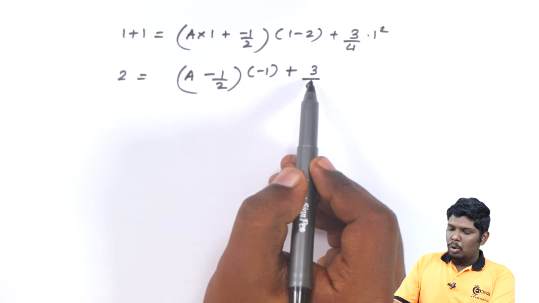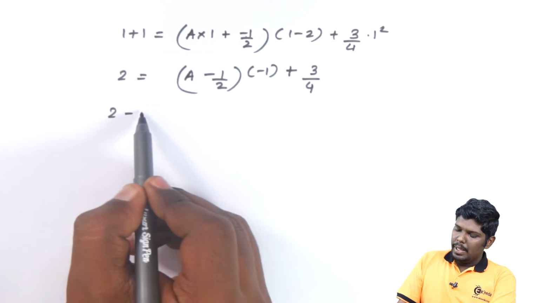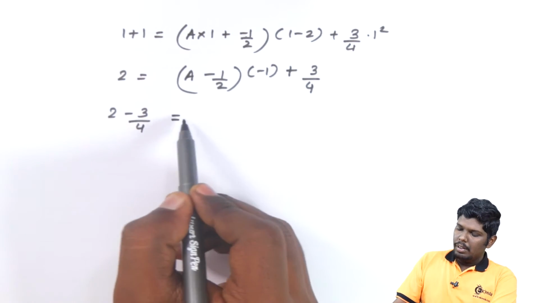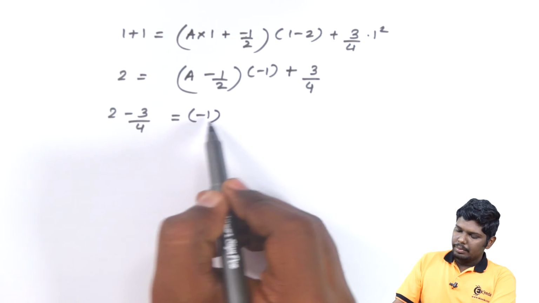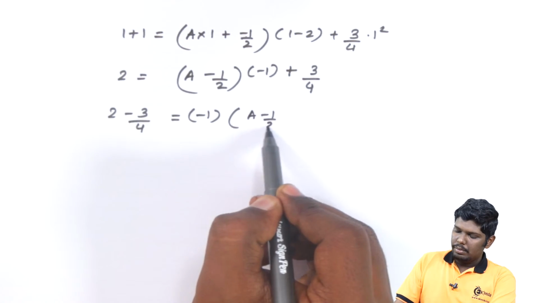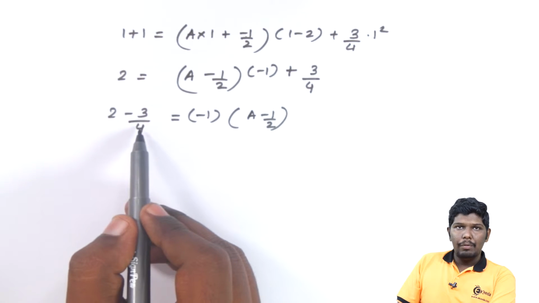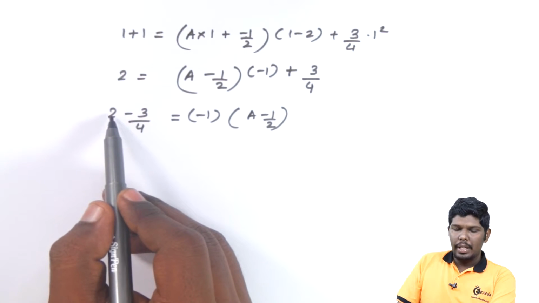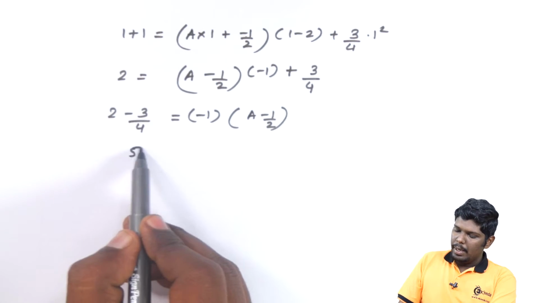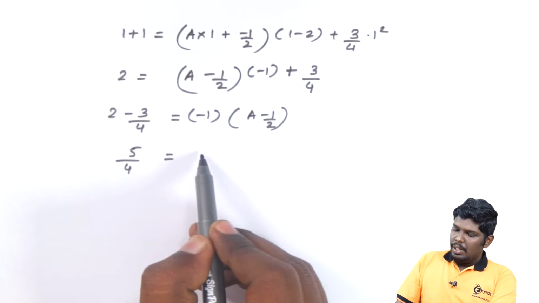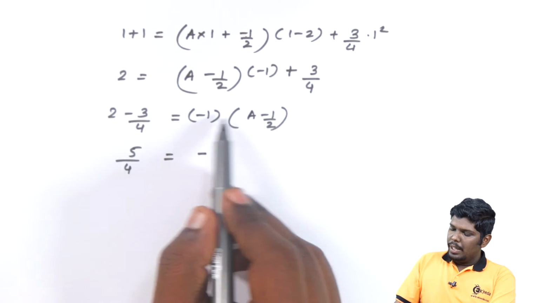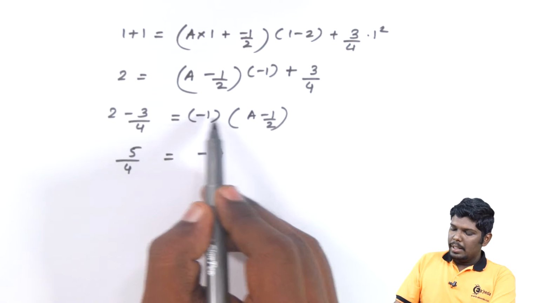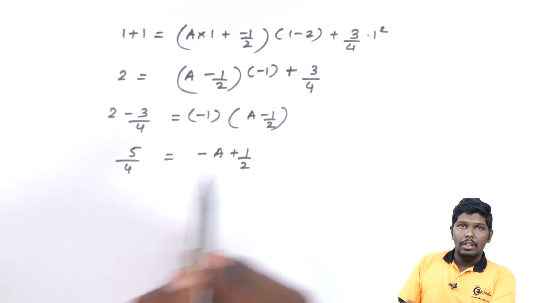Let us take this 3 by 4 on the left hand side. This will give you 2 minus 3 upon 4. Here we have minus 1 into a minus half. Now 2 minus 3 by 4 will give you 4 into 2 is 8, 8 minus 3 is 5 by 4. Here we have minus 1 into a is minus a. Minus into minus is plus half.